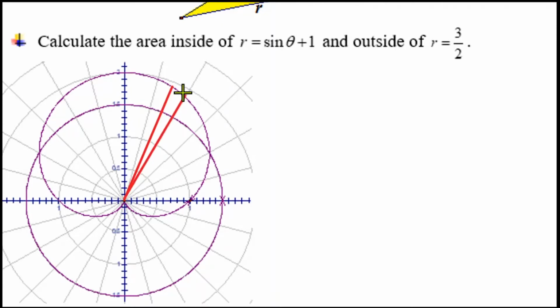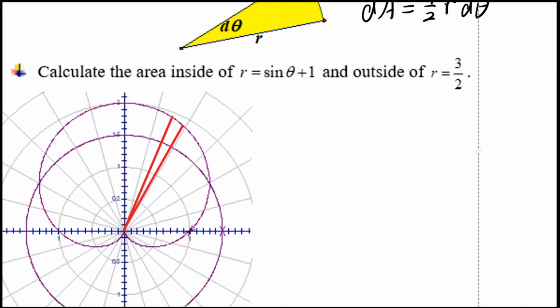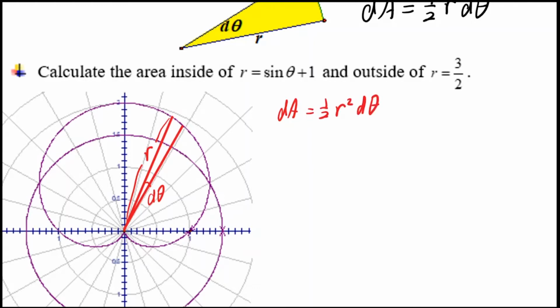Say this is infinitesimally thin. Okay, so this picture is what I have up here. This is d theta right here, and this length is r. I mean, it varies a little bit in this case, but still, you know what I'm saying? So that dA is equal to 1/2 r squared d theta. So far with me?